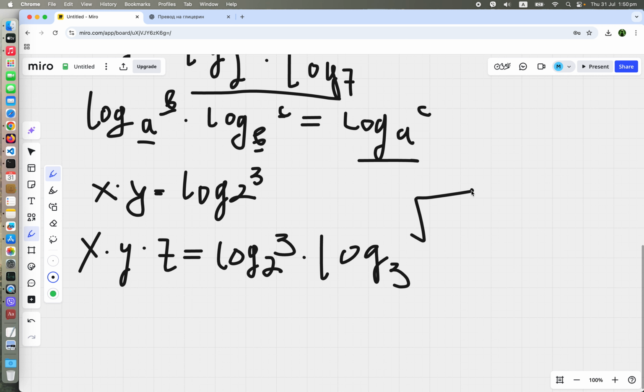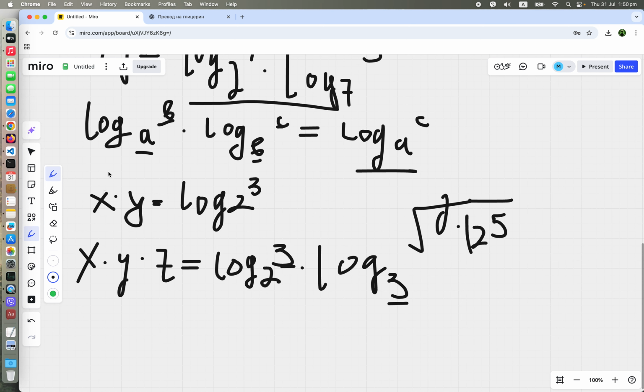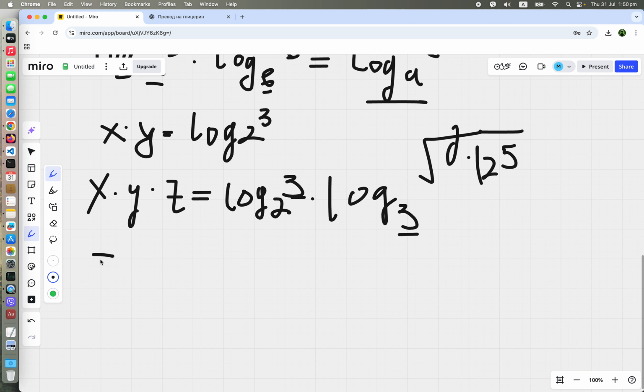And now we're gonna use literally the same formula. Now you can remove this, how we have done there, and we got that this is equal to logarithm base 2 of square root of 0.125.